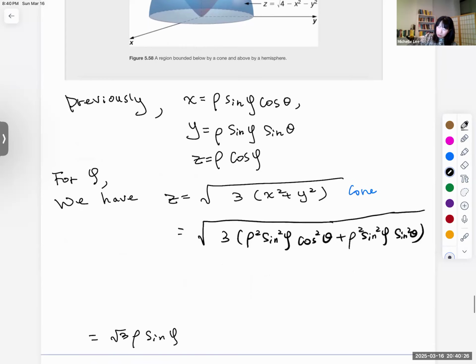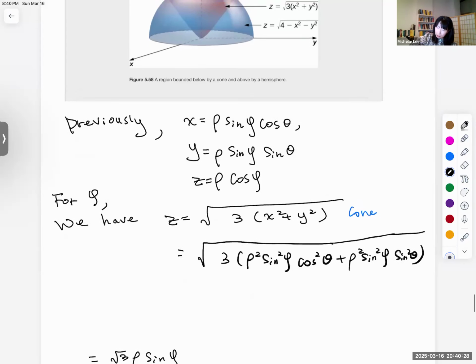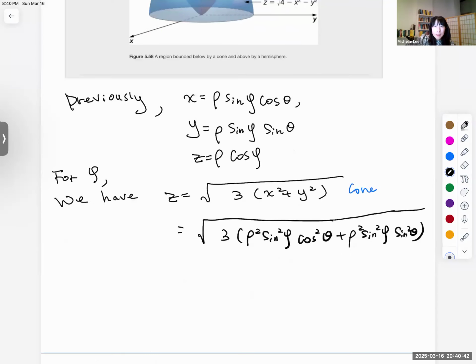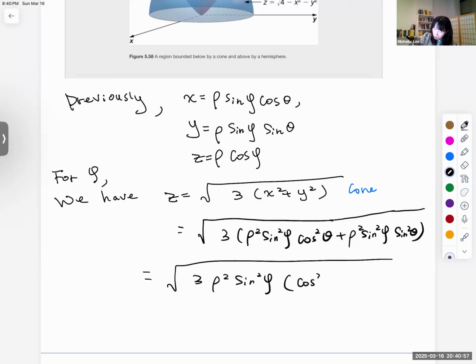Okay, now we can see the cosine squared theta and sine squared theta there. So there will be square root of 3 times rho squared sine squared phi times cosine squared theta plus sine squared theta.